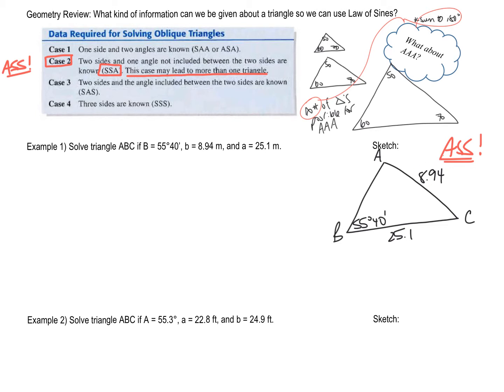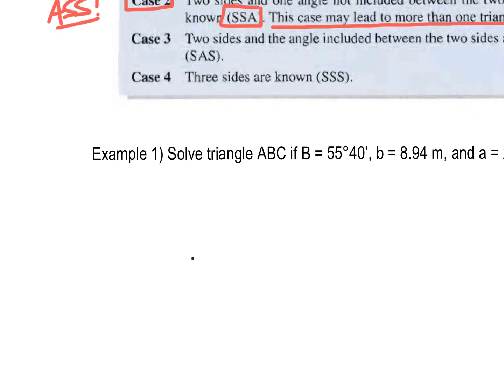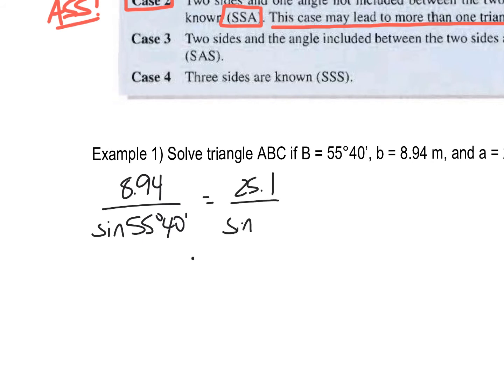So that's going to look like 8.94 over sine of 55 degrees 40 minutes. You'll have to type it in like that in your calculator. Equals, remember what side A was? It was 25.1 over sine A.